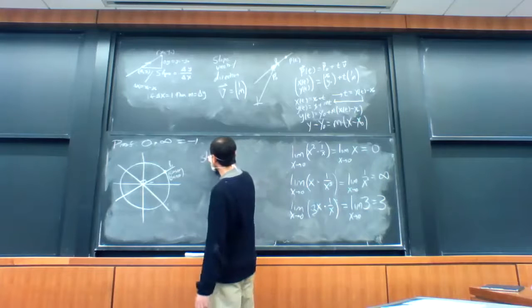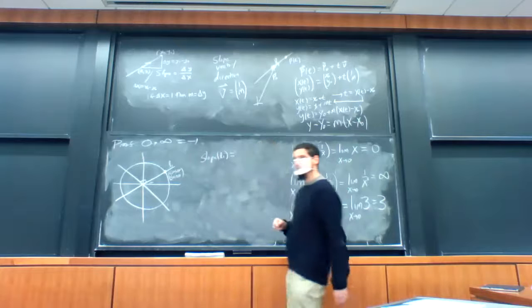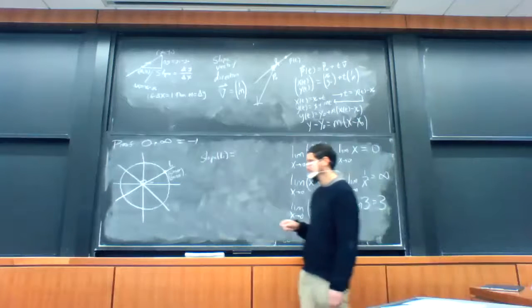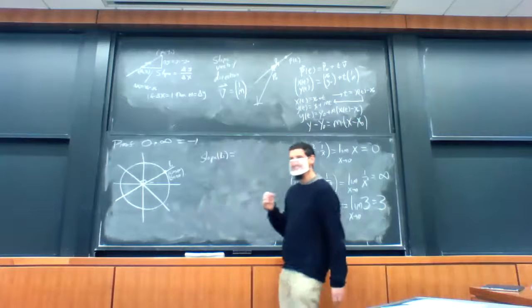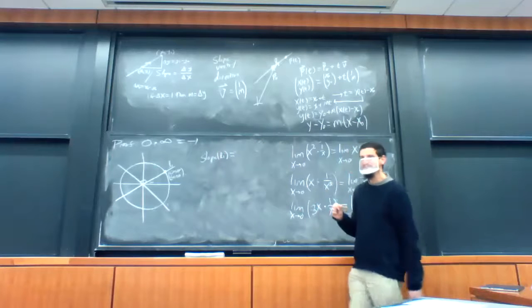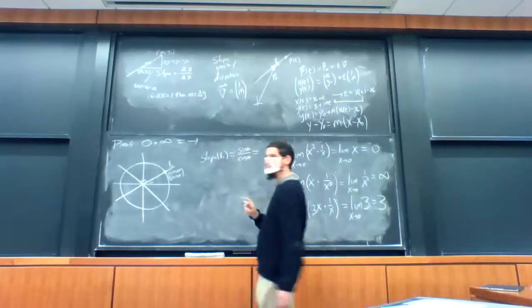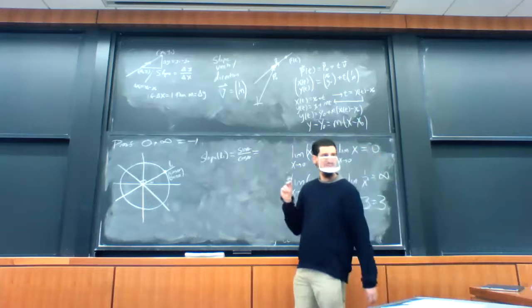So what is the slope of line 1? Sine theta minus 0 over cosine theta. So it's just sine of theta over cosine theta, which is also known as tangent.